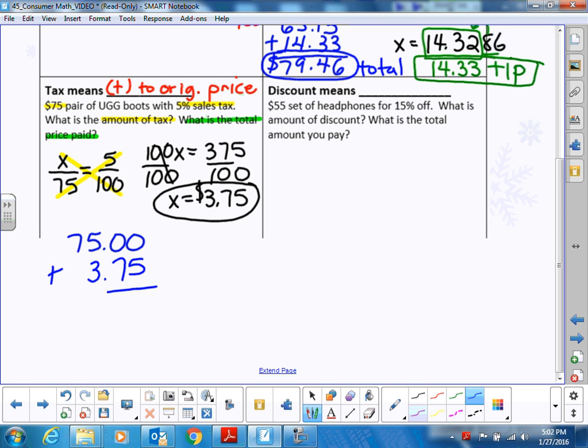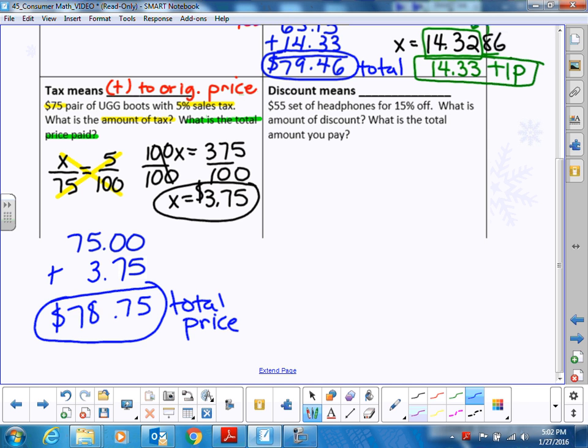Normally when you go to the cash register and you're ringing up your purchase, the tax is automatically calculated for you, so you don't have to do this, but you need to be able to think about it in your head so that when you go to buy something, you make sure you have enough money. So if I add these together, I get 75 cents, and we get $78.75, and that is our total price. That's how much I'm going to pay out of pocket.